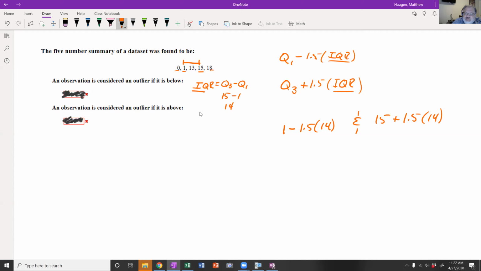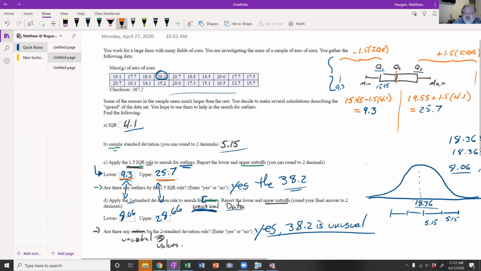Right. So this isn't your raw data. This is the 5-number summary. This is already descriptive statistics. On that last question, we had all of this data, and we used that data to find what the Q1, Q2, Q3 were.